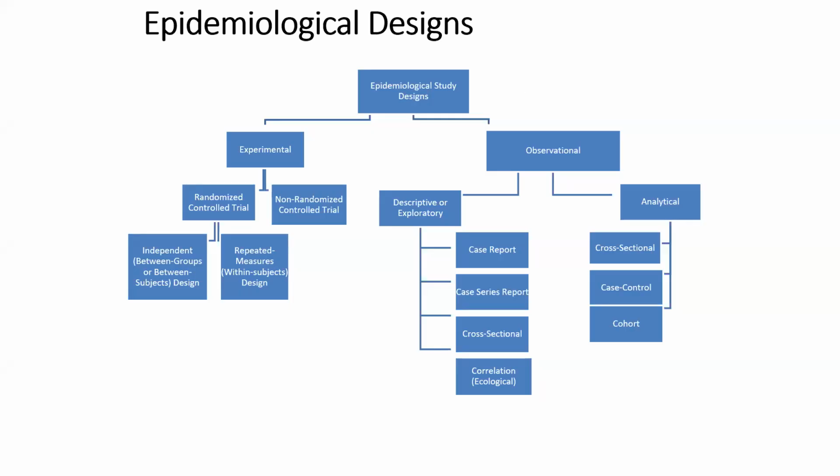So analytical cross-sectional study is when you collect information from two population groups at a particular point in time, because you want to see the influence of a particular characteristic or characteristics on an outcome of interest. I'll give you a typical example.